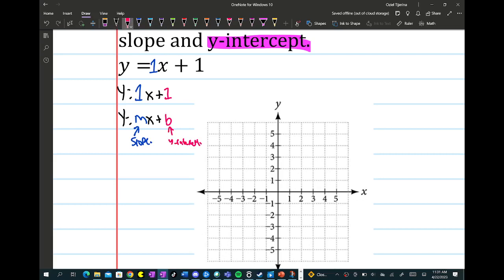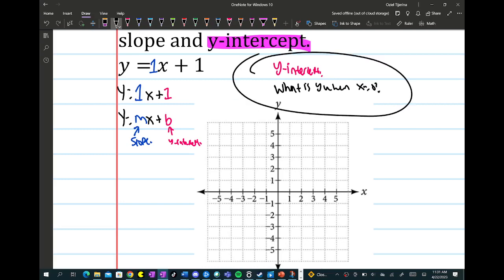Now, again, the y-intercept just means: what is y when x equals 0? This is what the y-intercept means.